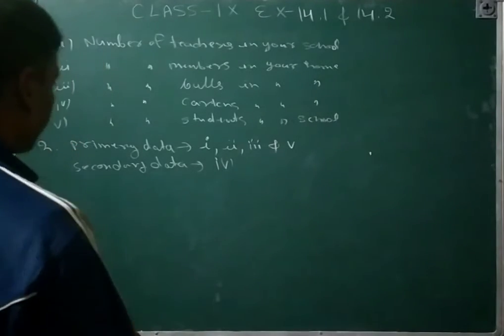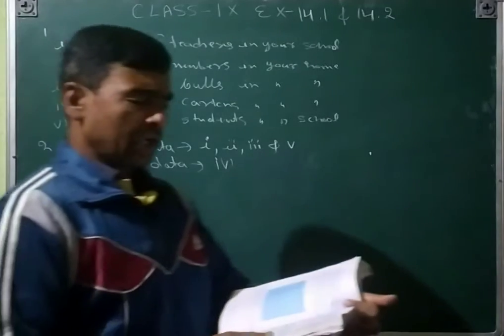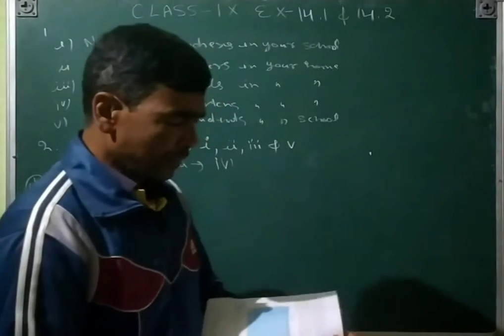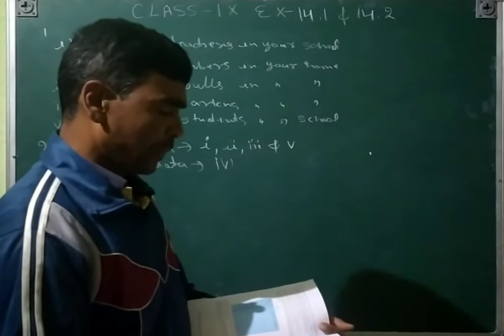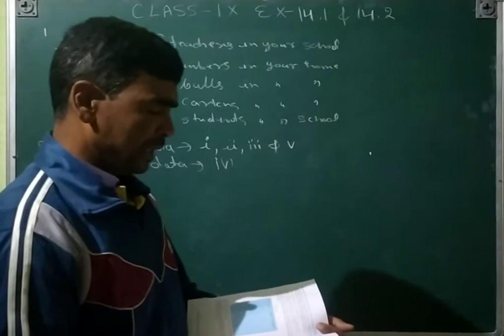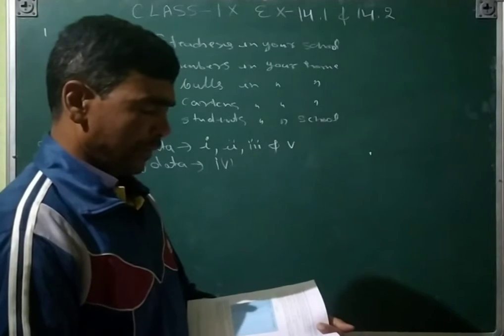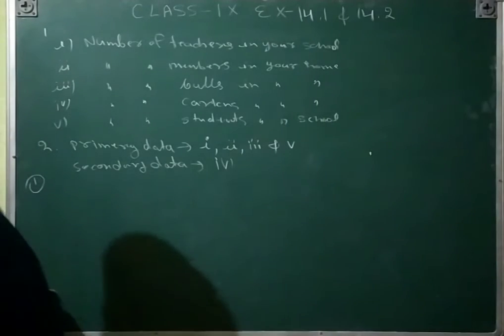14.2, question number 1. The blood groups of 30 students of class 7th are recorded as follows: blood groups A, B, O, AB. Represent this data in the form of a frequency distribution table. So what is a frequency distribution table?